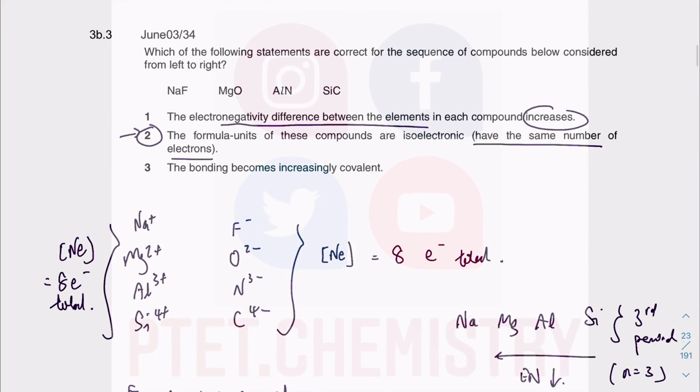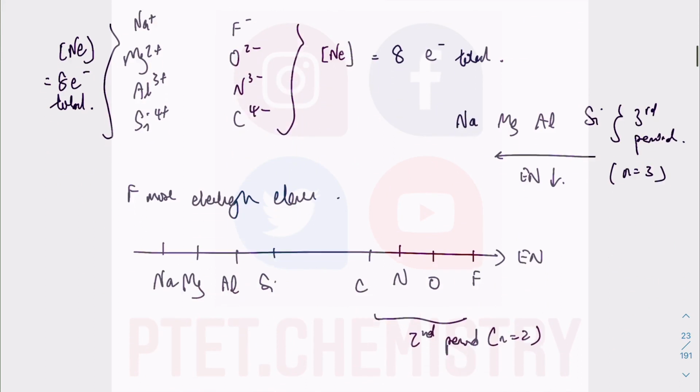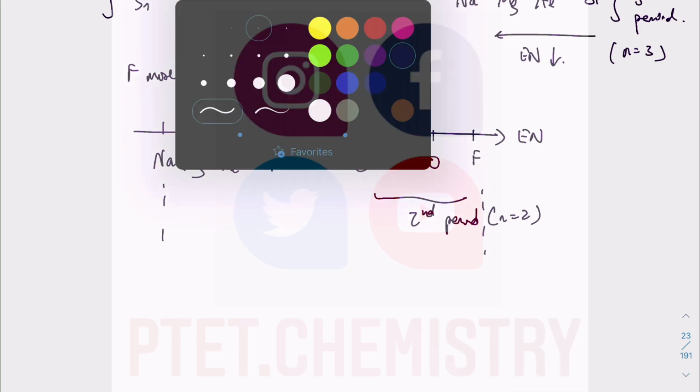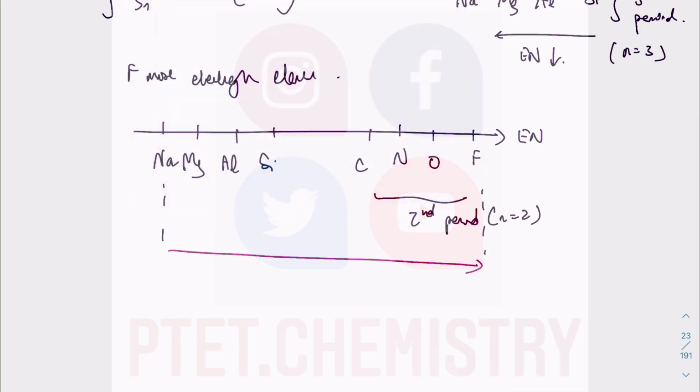So we're looking at the electronegativity difference between the elements in each of the compounds. Sodium fluoride. Hope you can see. These are representative diagrams, they are not the actual values, of course. Maybe I can use a different color so you can see better. So there's NaF.